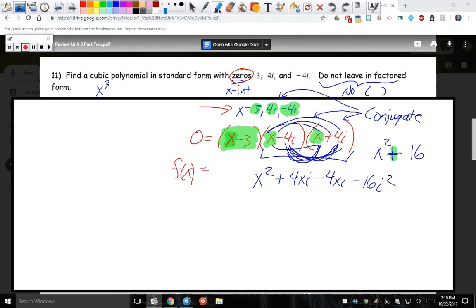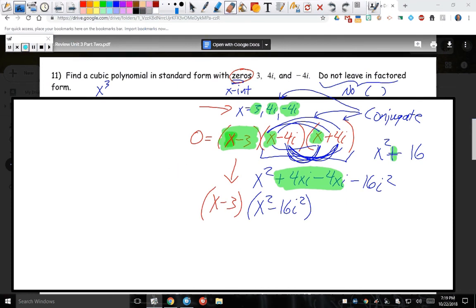These we know will add to cancel each other out to 0, so that we'd be left with x squared minus 16i squared. Nothing has happened with this x minus 3 thus far, but we know we're about to distribute that x minus 3 with this stuff right here that we got from that sum of squares.